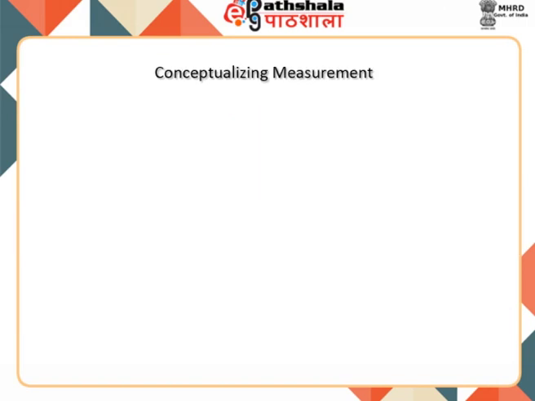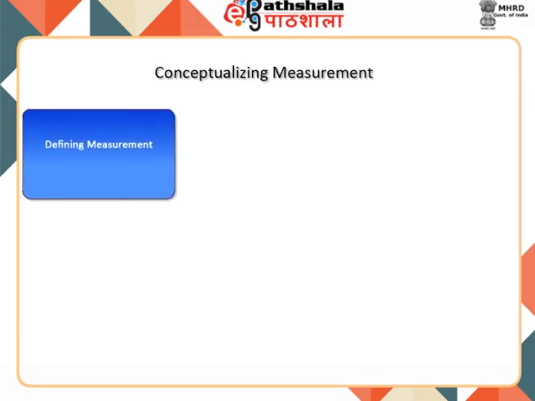Measurement has long been an important and prominent concept in the physical sciences and natural philosophy. Its definition varies. For instance, Michell described measurement as a procedure for identifying values of quantitative variables through their numerical relationships to other values.